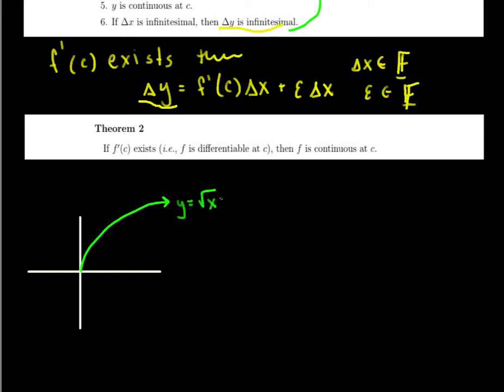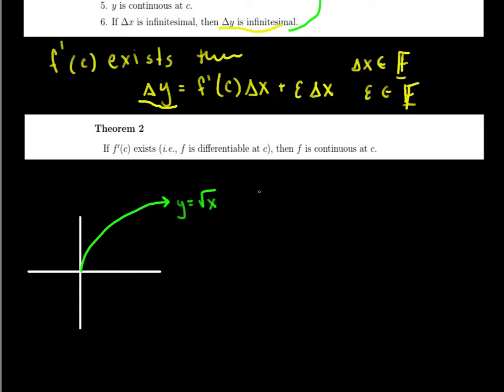We could formally see it's continuous, but let's just take it on faith. This is what the graph looks like, so there are no holes, no jumps, no asymptotes. So this is a continuous function everywhere. In particular, it's continuous at 0.